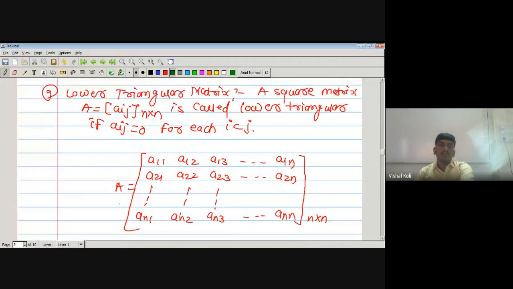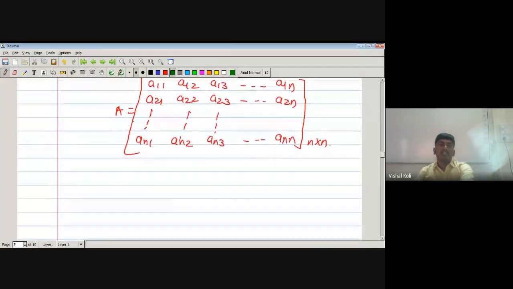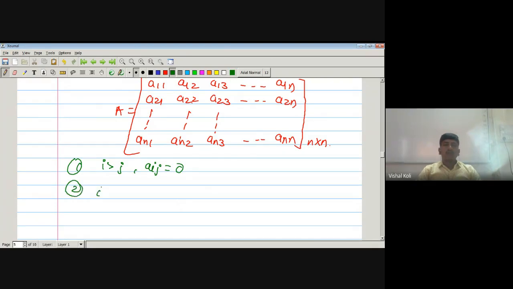For upper triangular, i is greater than j and aij will be equal to 0, and for lower triangular, aij equal to 0 whenever i is less than j.